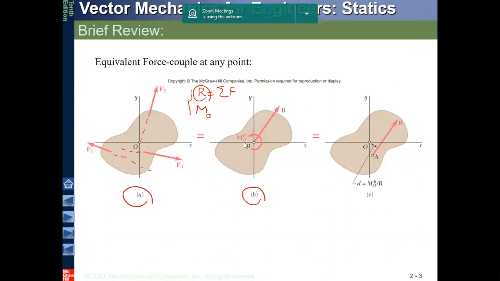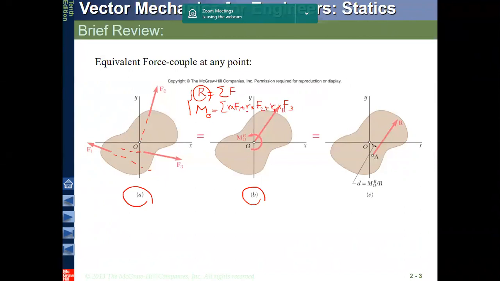This moment is not the moment of this R about point O. So this M_O is the moment of R1 F1 plus R2 F2 plus R3 F3.